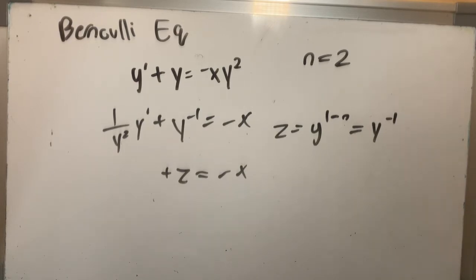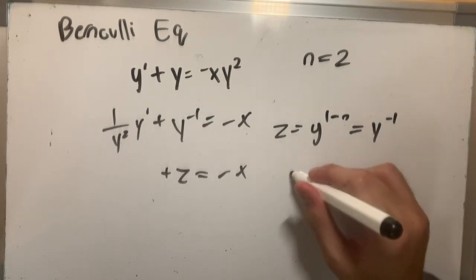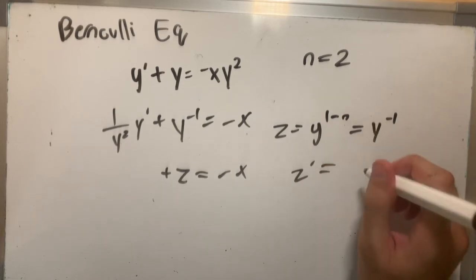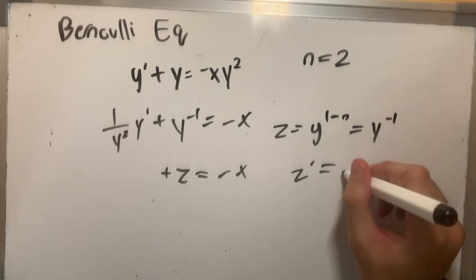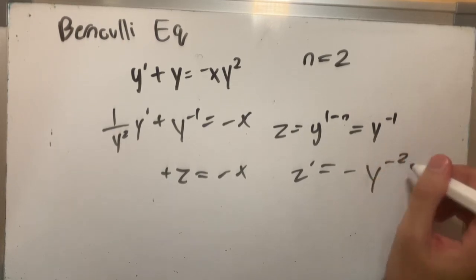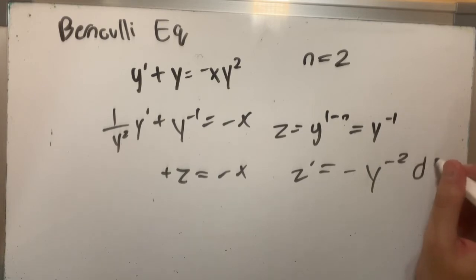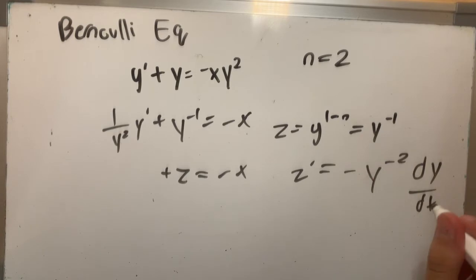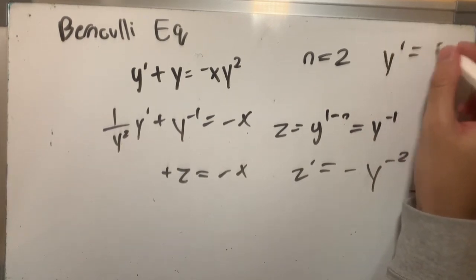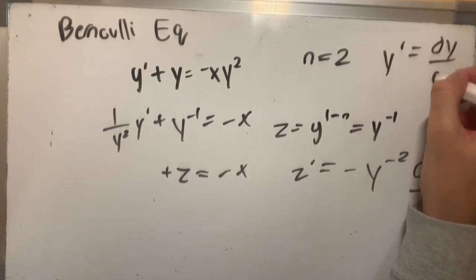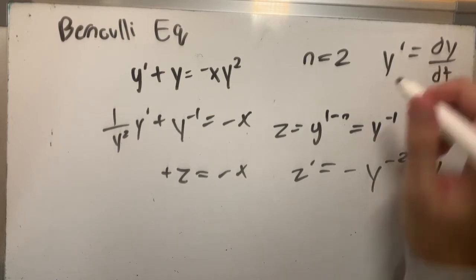We basically use z' , since we already know that z is equal to this. The derivative is dy over dt, since our entire equation is with respect to t, not x. We know that y' in general is equal to dy over dt or dx, depending on the context.